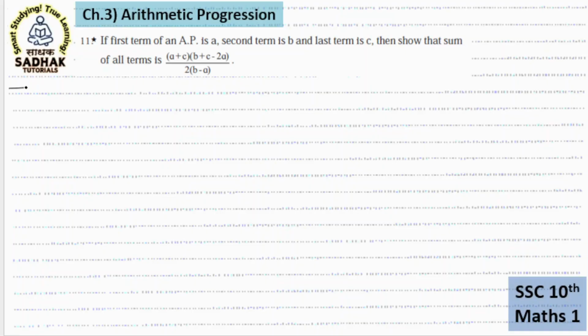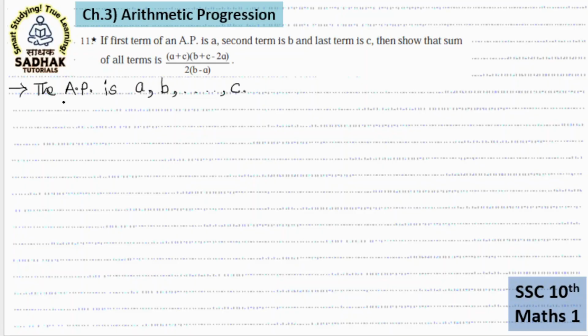So what information are they giving us? They are telling us that there is an AP. The first term of that AP is A, the second term of that AP is B, and the last term of that AP is C. Okay, so this is an AP.